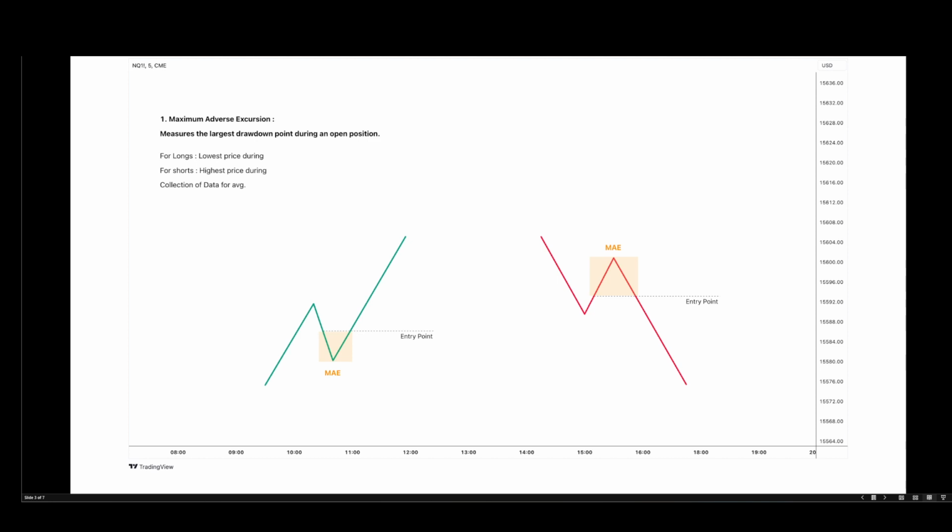It's a basic statistic, but ultimately you want to ask yourself, if my MAE is high, how can I improve my entry point? That means my entry point can be improved. If your MAE is low, then you're doing pretty well, and the place where price reverses or finishes its retracement is near the price where you are entering, right?